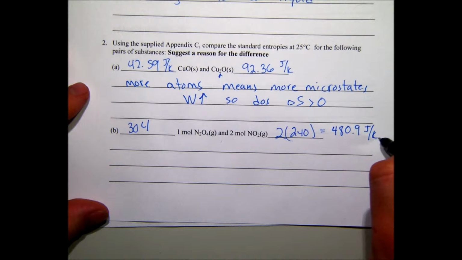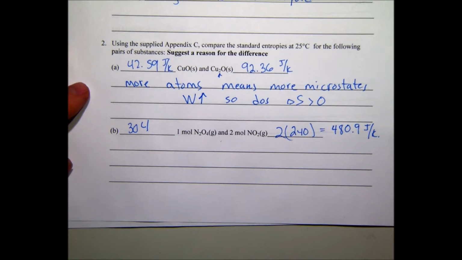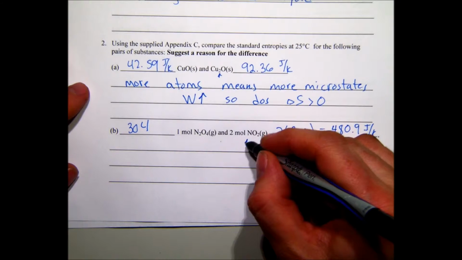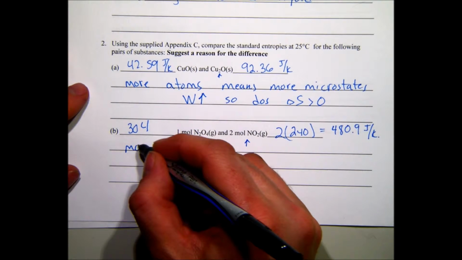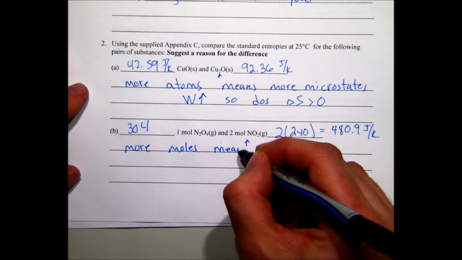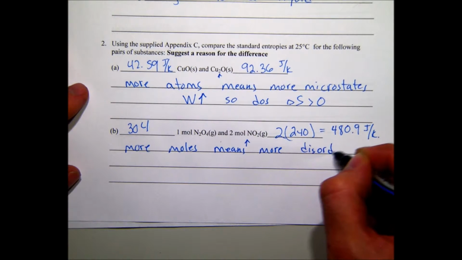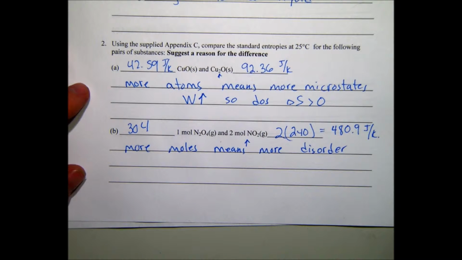Again, joules per Kelvin. So basically what we're looking at here is more moles means more disorder. And that's basically how straightforward that potentially can be.